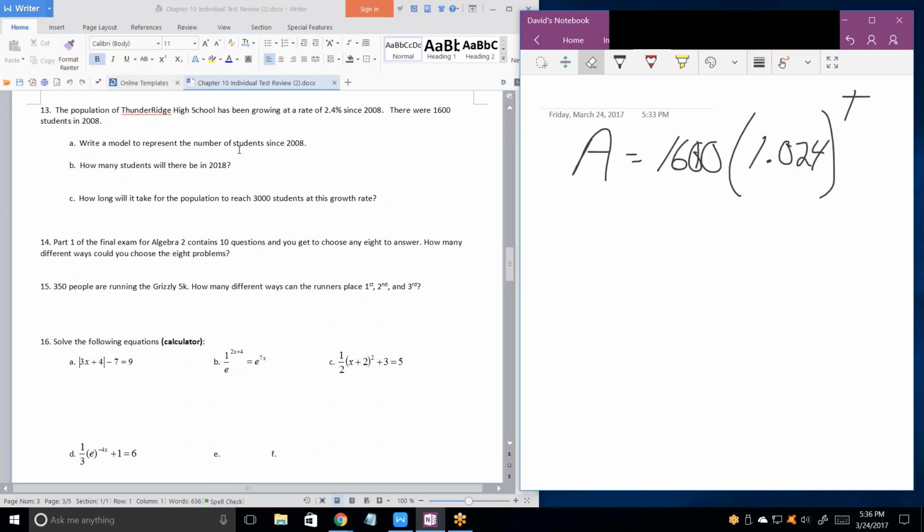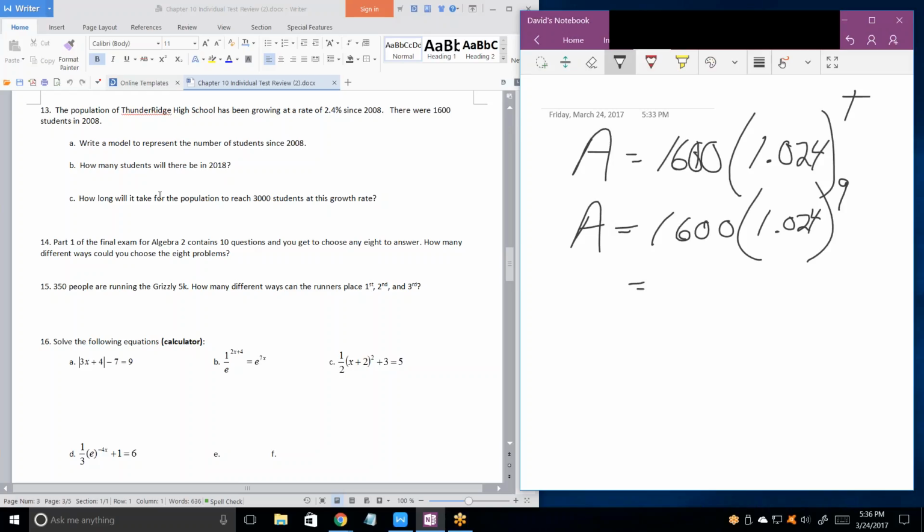So what is T? 9. Correct. So this is the exact specific equation that will tell you how many students there are after 9 years. Want to come up with that number?